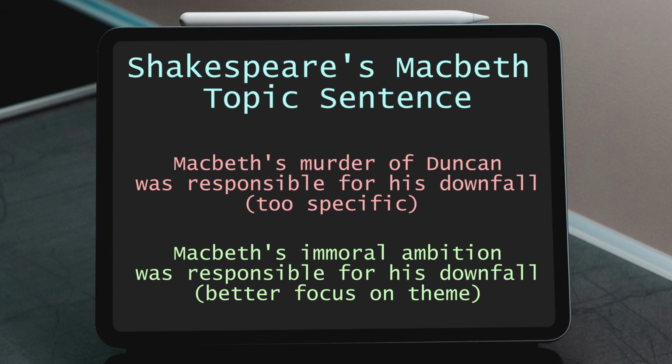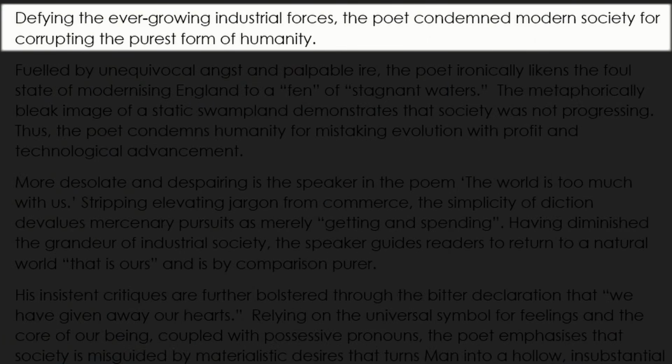So focus on the larger theme, ambition in this case, rather than specific events such as the murder of a particular person. And yes, they are related, but you want to start broad and then end up specific. And in my case, if you're wondering, the large theme here is the corruption of modern society.